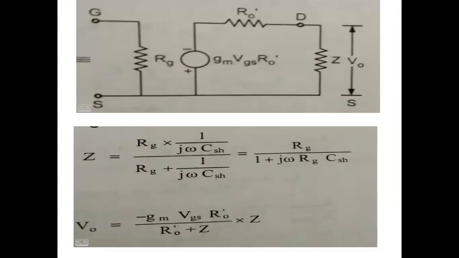So we know VGS becomes VI. If you substitute VI here, then V0 by VI. Just we are taking this term to the left side.